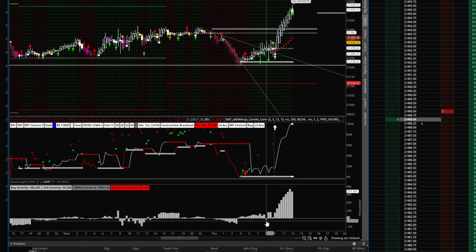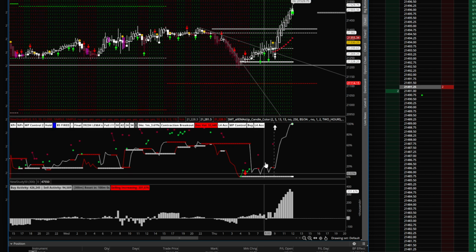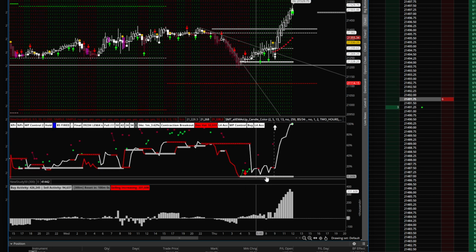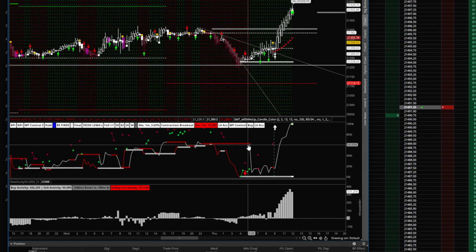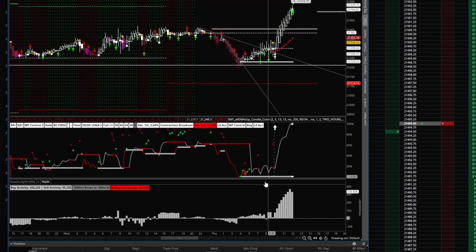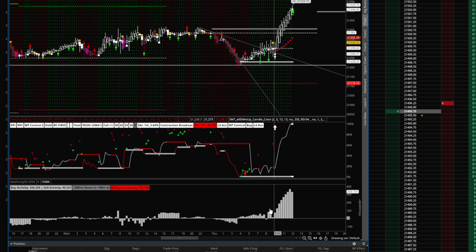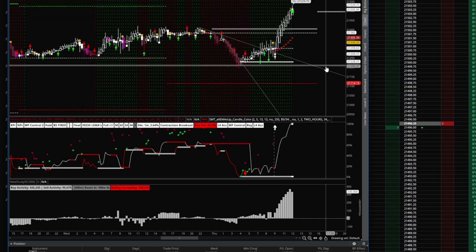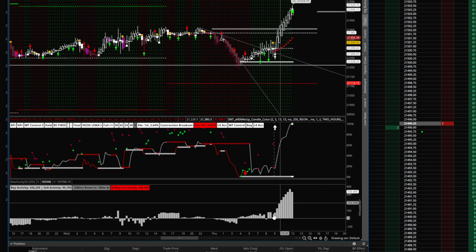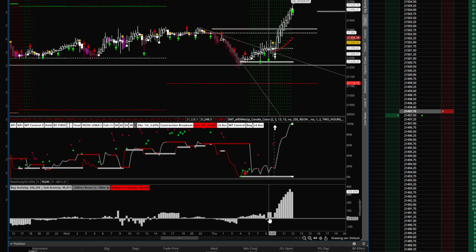Right here, you can see sellers had a pushback, but there's nothing significant on the master control. Buyers were consistently in control the entire time, starting from right here. This just makes it so much easier to know which direction the stock is in.